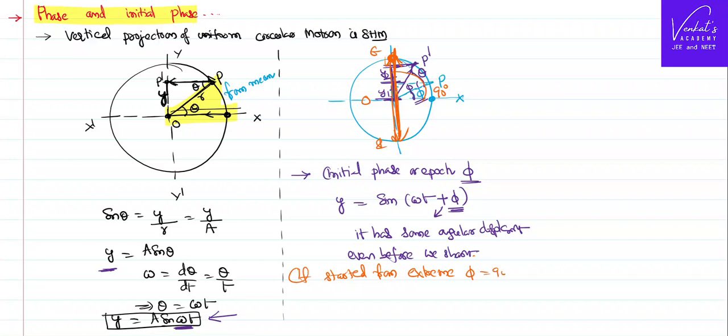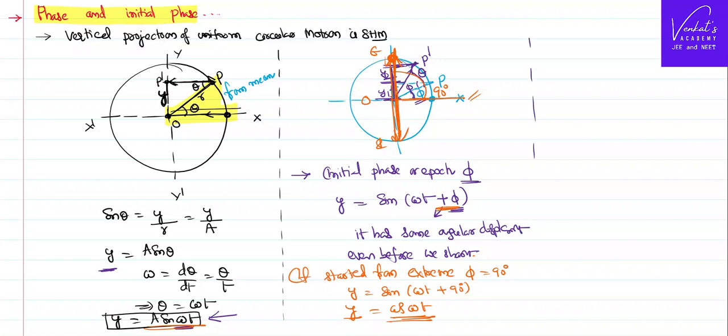The initial phase becomes 90 degrees. Then y becomes sin of omega t plus 90 degrees, which becomes cos omega t. That's why simple harmonic motion can be expressed either in terms of sin omega t or cos omega t. Be careful: if the initial phase is above the x-axis, we treat it as a plus.